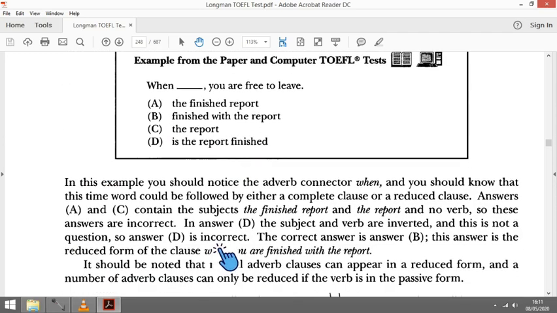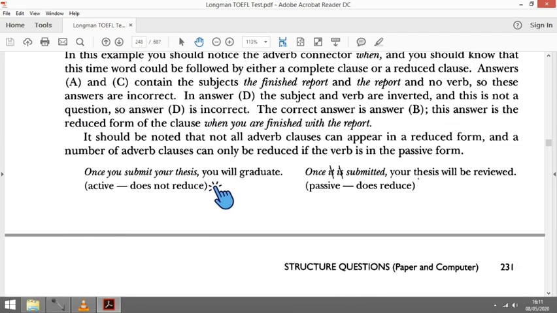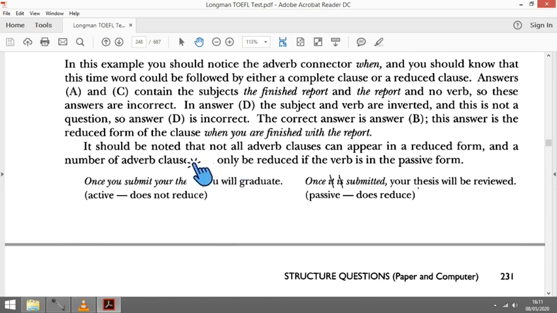It should be noted that not all adverb clauses can appear in a reduced form. A number of adverb clauses can only be reduced if the verb is in the passive voice. Look at this one: "Once you submit your test, you will graduate."